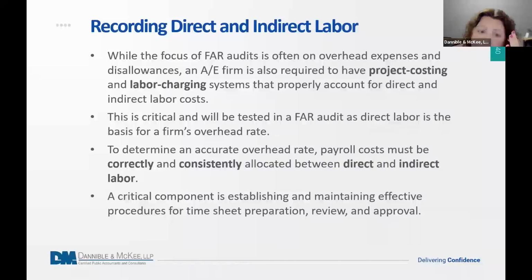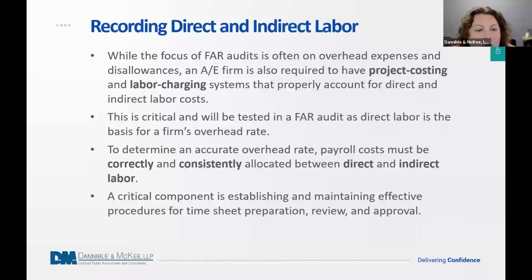And so to determine an accurate overhead rate, payroll costs must be correctly and consistently allocated between direct and indirect labor. A critical component is establishing and maintaining effective procedures for timesheet preparation, review, and approval. So it's really important that you, as the CFO, the controller, the principal, are instituting a great procedure for all of your employees, your PMs, all the way down to your marketing personnel, that you're recording time correctly.